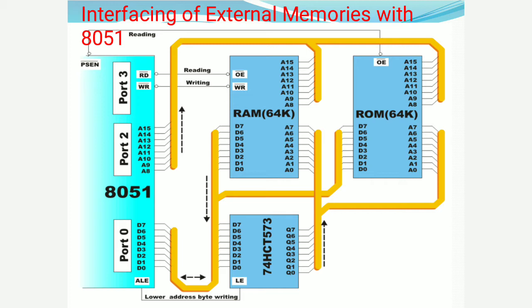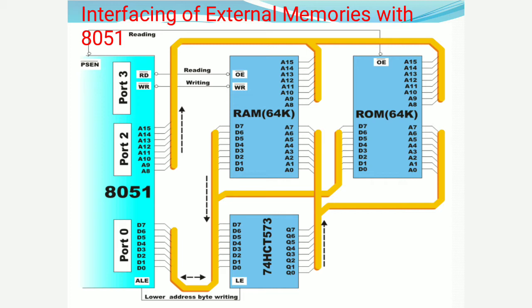And the third case, this is nothing but the case 1 and case 2 as we have discussed. Case 1, only internal memory is there, external memory is not connected. Second case, internal as well as external, both memories are connected to the microcontroller. In both cases, EA bar should be connected to the VCC so that we will access internal only or internal plus external.